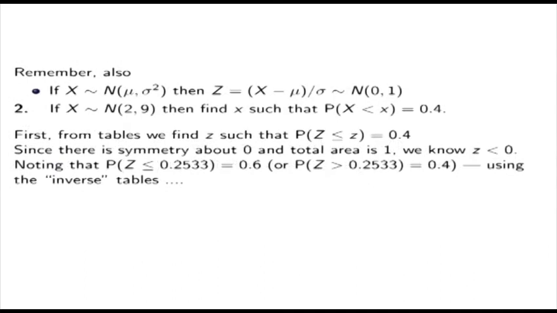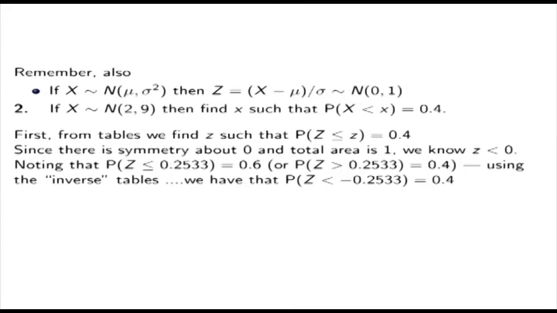So what we can find is that the probability of a random variable being less than this number is equal to 0.6. That's in our tables. Equivalently, the tables might tell us the probability that z is bigger than that number is 0.4, and these add up to 1, so that has to be the case. So those are in our inverse tables. Putting that together and using the symmetry, we find the probability of z being less than minus 0.2533 is equal to 0.4.